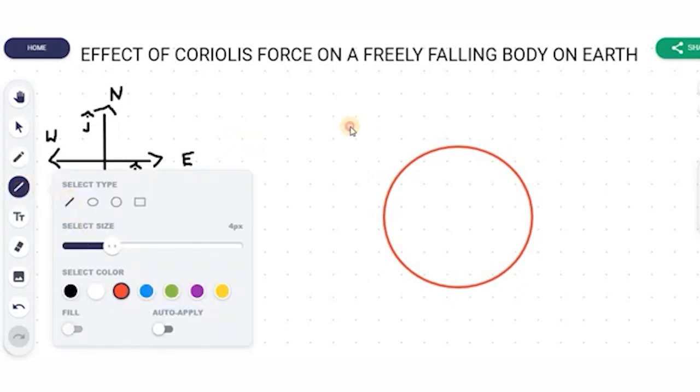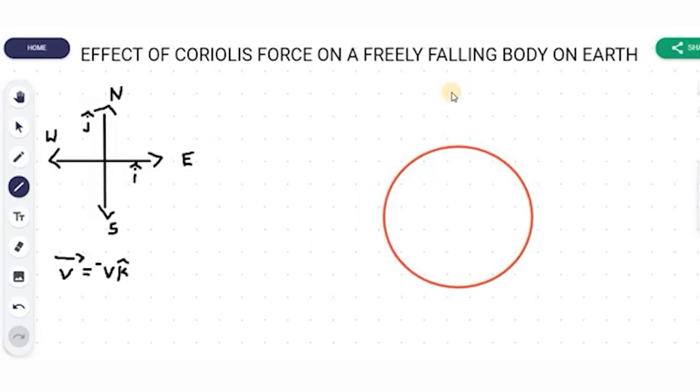Just take out your notes and draw this along with me, so the things will be more clear to you. It is not that difficult, but still it will be a bit confusing if you're not following.